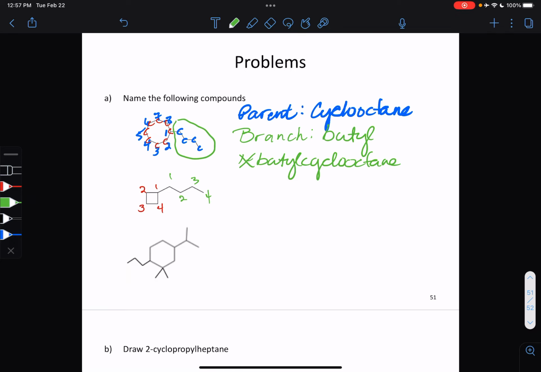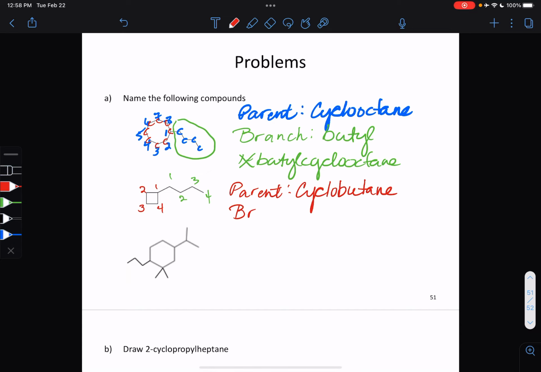Oh no, they both have 4 carbons. So which one is the parent? Well, IUPAC says if you have a situation like this where the cyclic structure has the same number of carbons as the straight chain, the cyclic structure will take precedence for the parent chain designation. So our parent is going to be what? That is going to be cyclobutane.